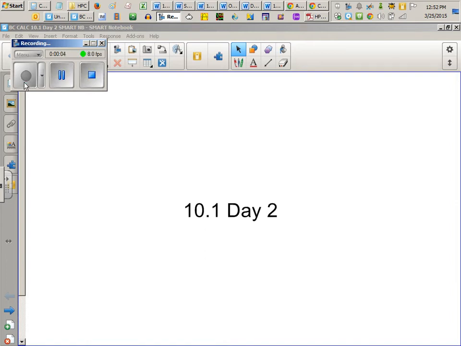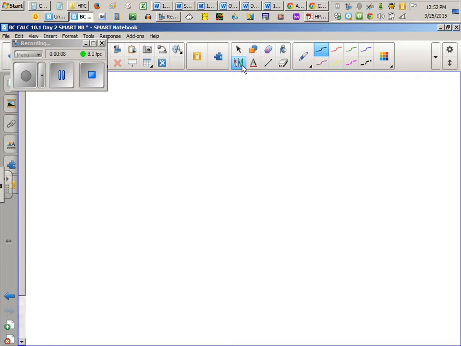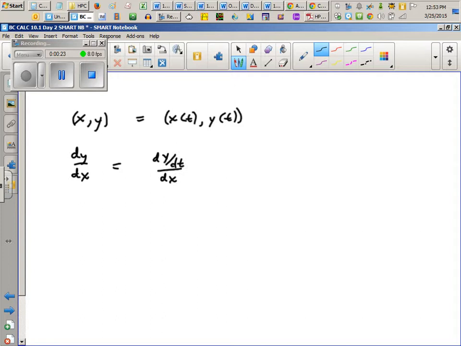Okay, so 10.1 day 2, the formulas. Well, the formulas are just right there on the board. So x, y are just functions now, like that. And then dy/dx, which of course measures slope, is actually dy/dt over dx/dt.